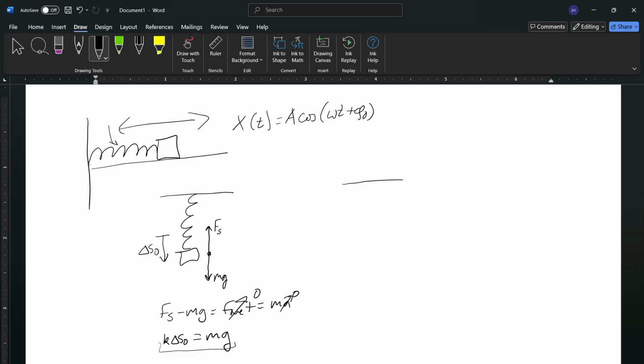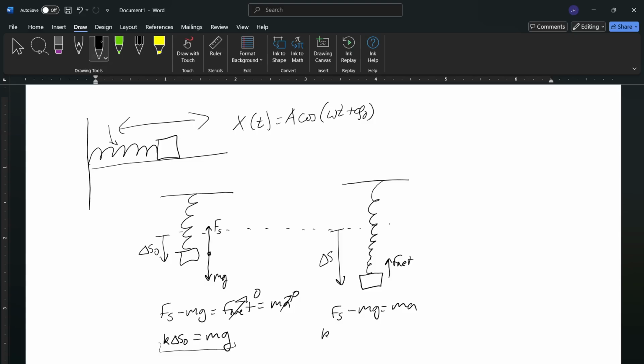So let's analyze this right here. We have the same spring, same mass, but we pull it so that when we let go, it'll be pulled upward with a net force. We've pulled it a distance we'll call delta S, the true delta S, from the same equilibrium point. So this time we have the force of the spring minus mg equals ma, but a is not 0 this time.